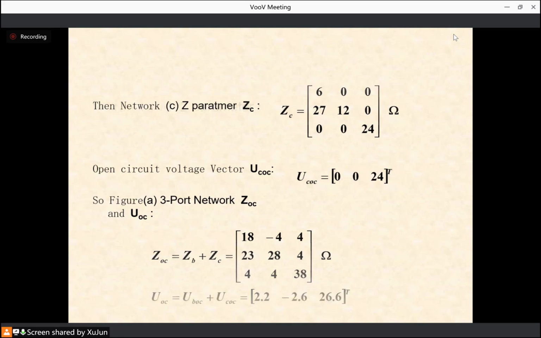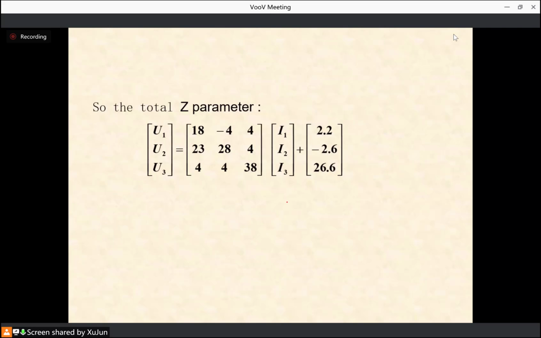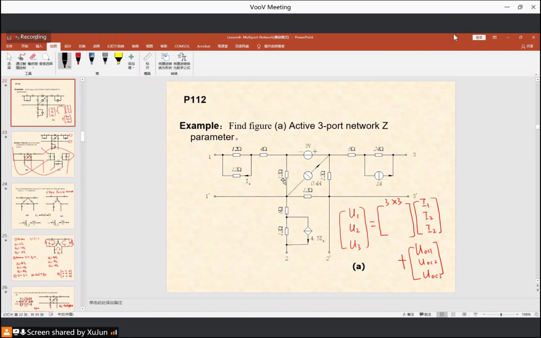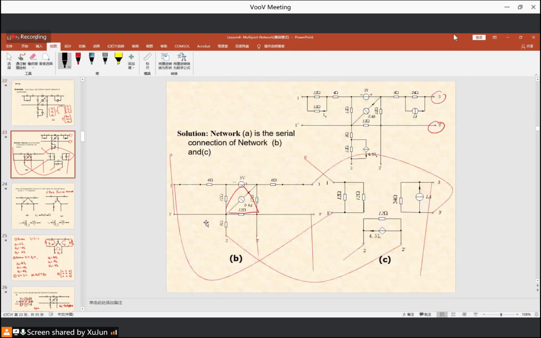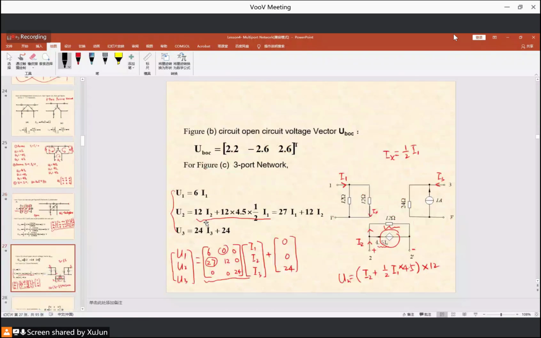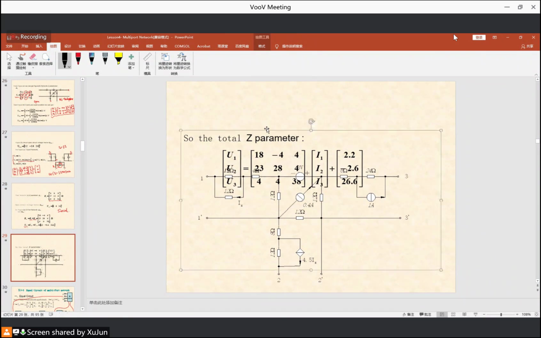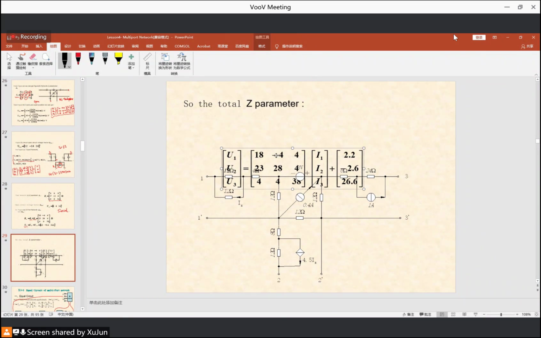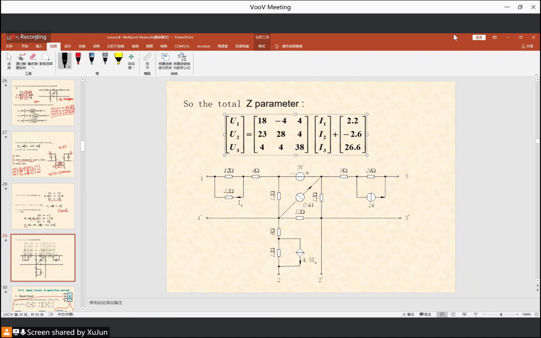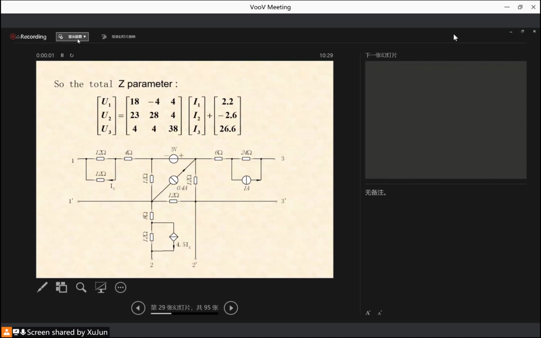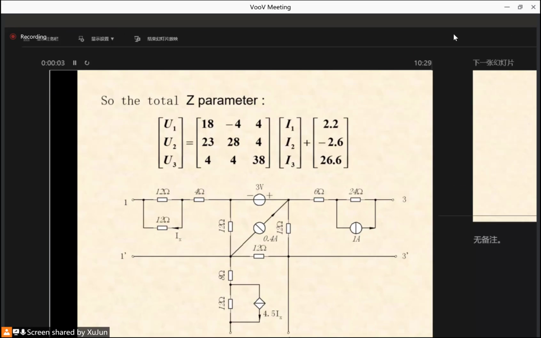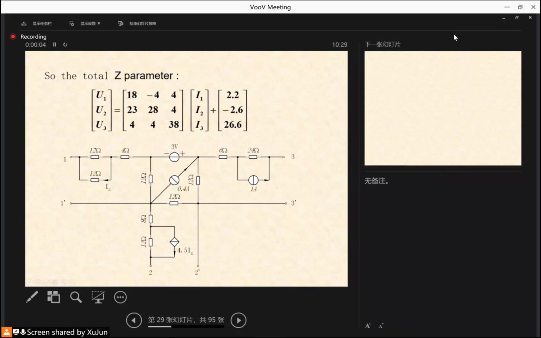So for the total network, this is the total network Z parameter. This is the Z parameter for this active 3-port network.